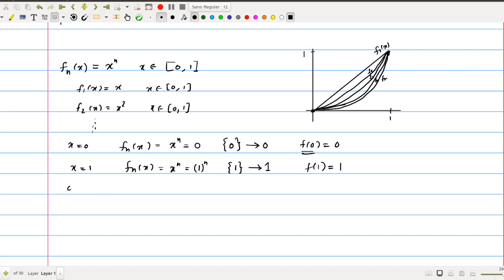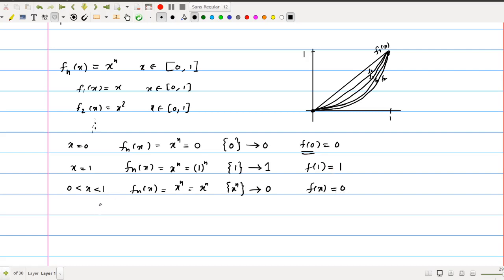If we choose any x in between 0 and 1, we can construct the corresponding real sequence x raised to n, which converges to 0. Since x is less than 1, as n tends to infinity this sequence tends to 0, so in that case we define f of x equal to 0.